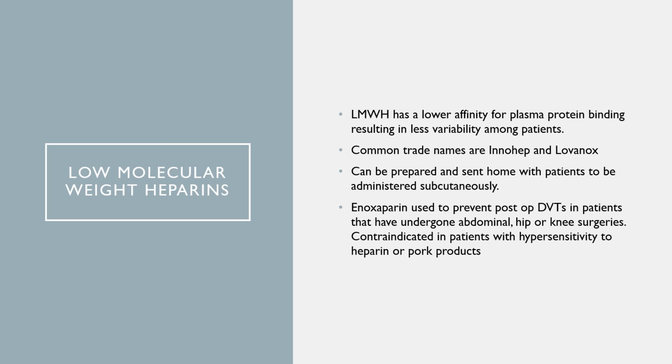A lot of times you may see patients that are on this at home preoperatively, and they'll come in and you can tell because they usually have some bruising around their stomach area, and that lets us know that they're taking these low molecular weight heparins at home. Enoxaparin is used to prevent post-op DVTs in patients that have undergone abdominal surgeries, hip replacements, or knee replacements. It is contraindicated in patients with a hypersensitivity to heparin or to pork products, because obviously these are porcine derived.